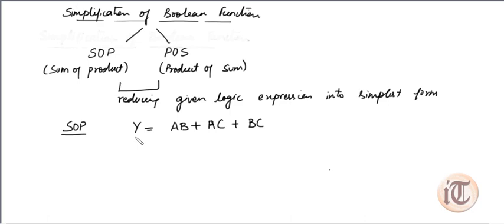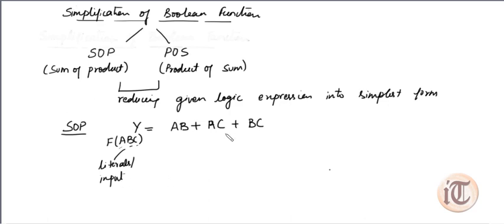It is the output, or we can write y as f function of A, B, C. Why A, B, C here? Because in the expression we are using three literals. What are literals here? A, B and C are literals, or we can say inputs of the combinational circuit.